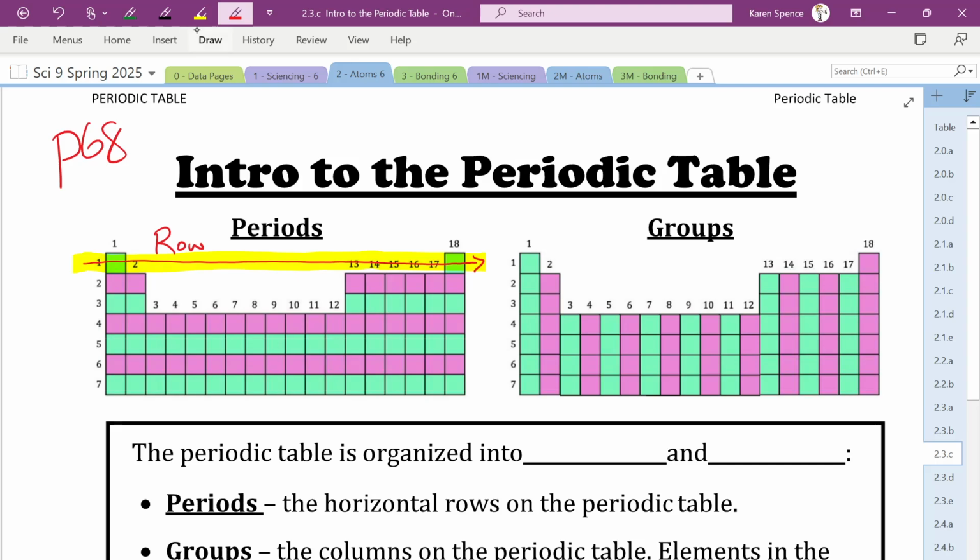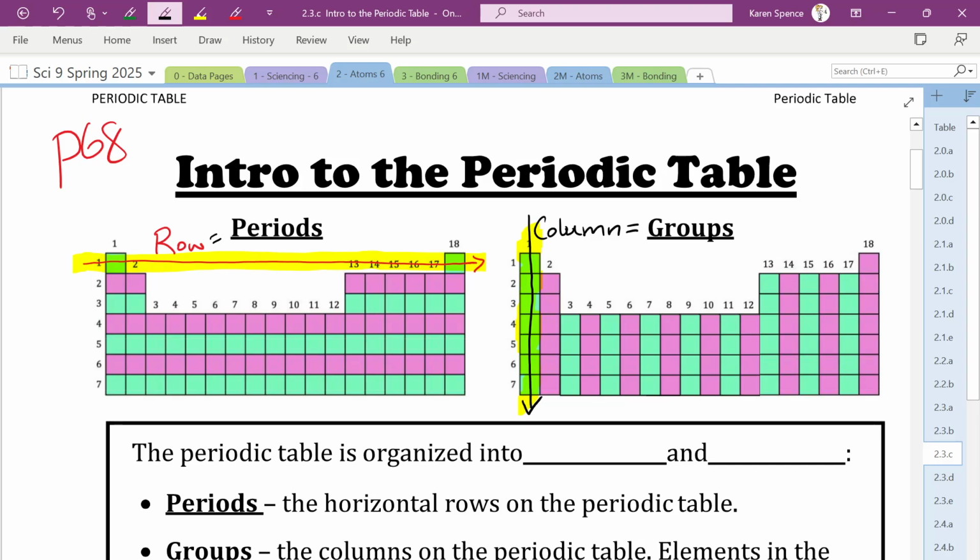Now, you can see in this one here, we have vertical. That's a column, and a column is a group. So a row is horizontal, it's a period.